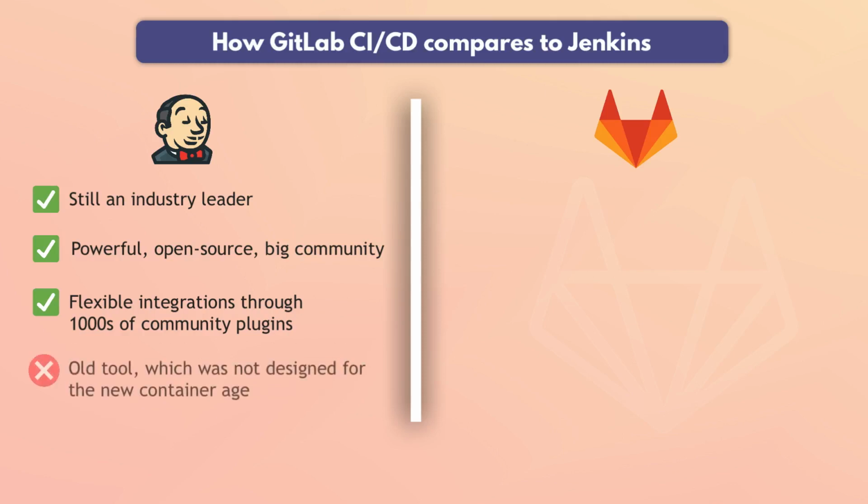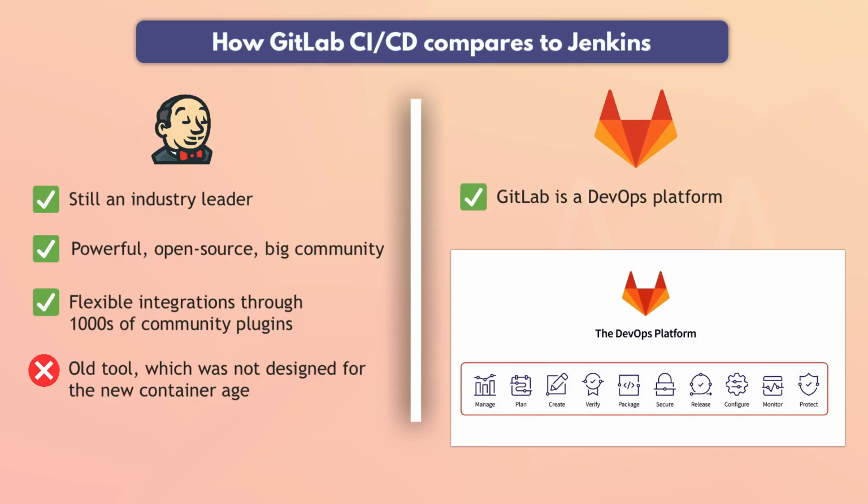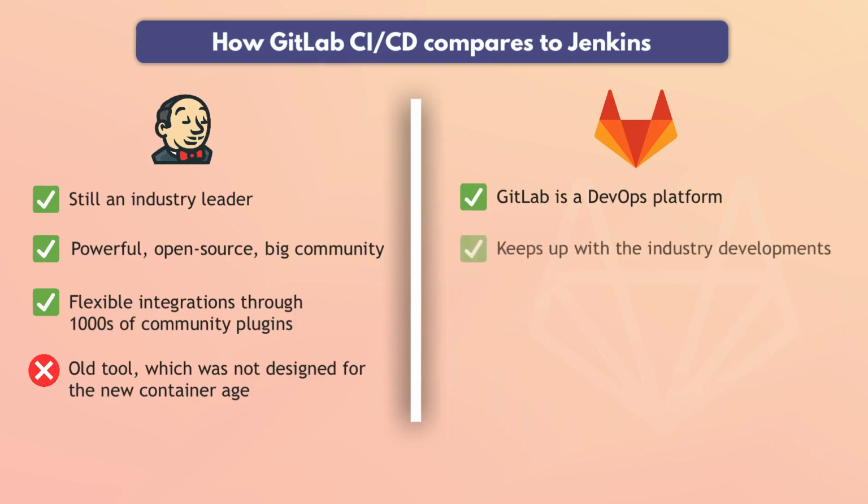However, Jenkins has been around for a long time already, and it's actually not so modern. So it hasn't kept up so much with the modern developments in the industry. On the other hand, if you look at their roadmap, GitLab is actually building into a fully featured DevOps platform, which is very well aligned to industry developments and changes in the software development and deployment processes.